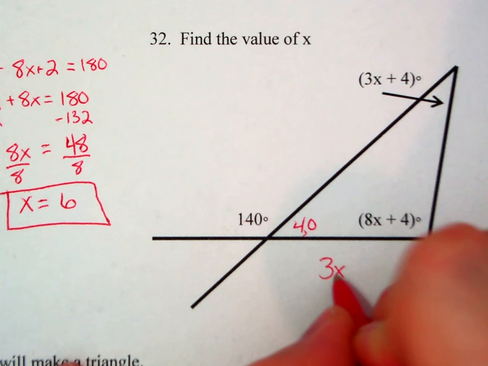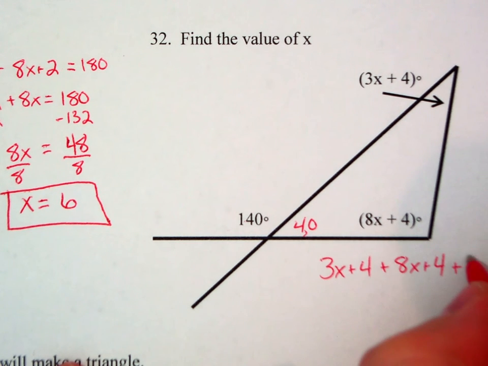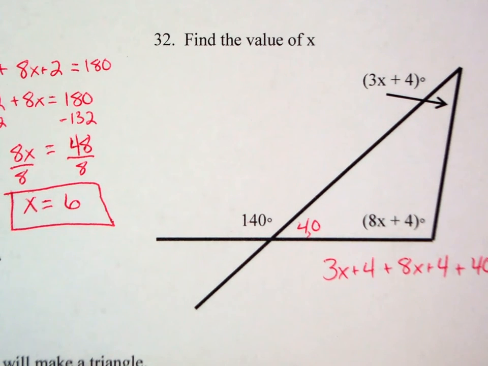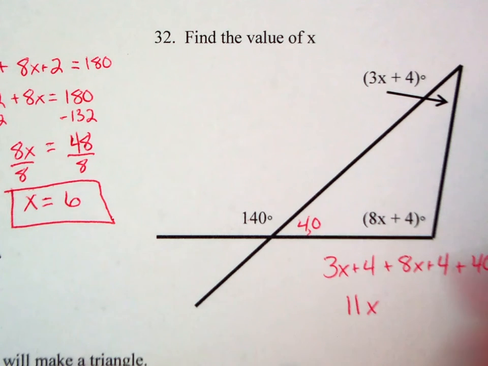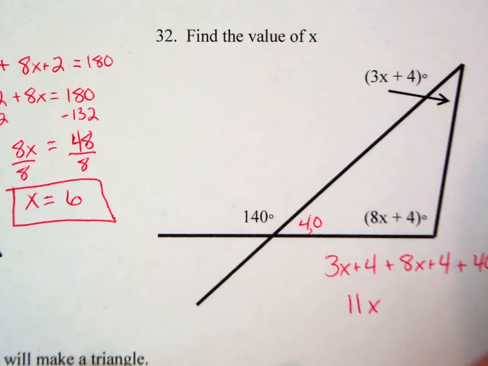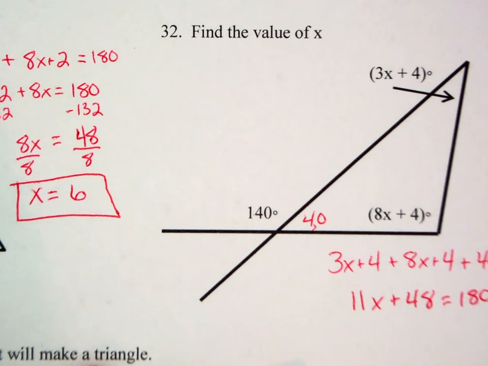So 3x plus 4 plus 8x plus 4 plus 40 will equal 180. Combine my like terms. 8x and 3x is 11x. 4 and 4 is 8, plus 40 is 48, equals 180.